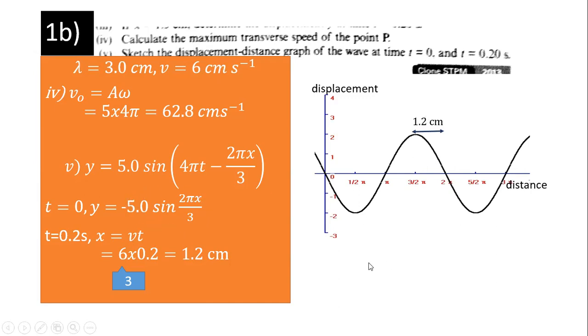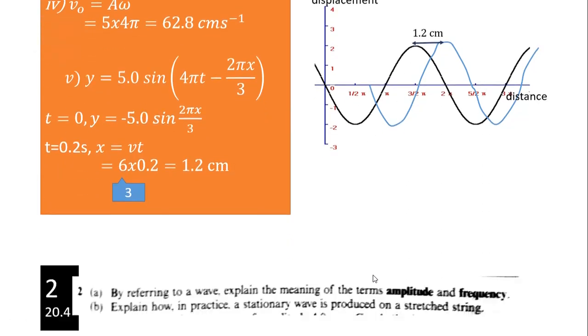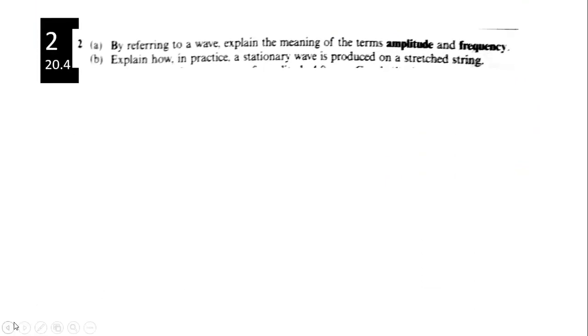Negative sine graph. And then 0.2 seconds means 1.2 cm. Right? That distance between these two is 1.2 cm. Okay with that? Any comment?